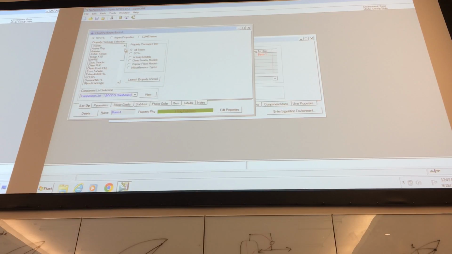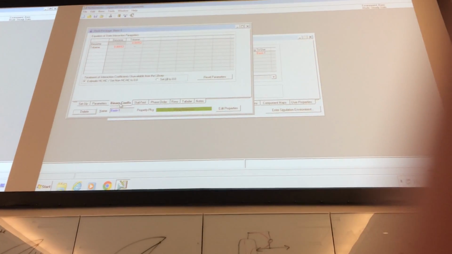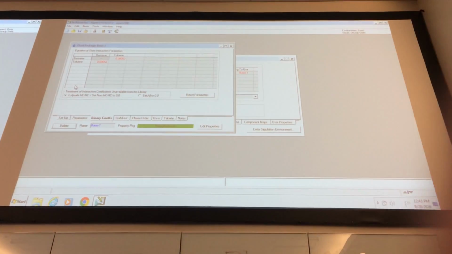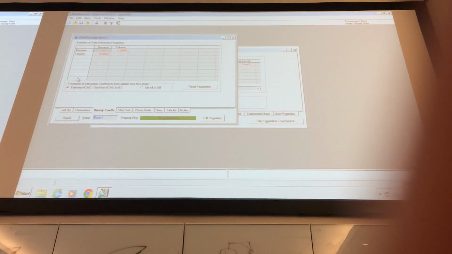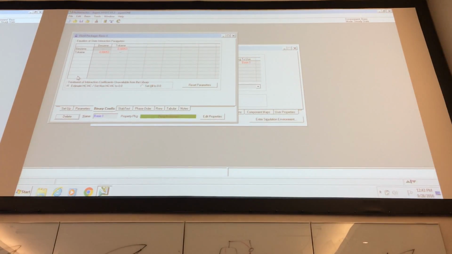Sometimes it will just go on for you and you'll have to check the coefficients. So this, yes, binary coefficients. This is actually where you want to look. This is not for the exam, just for your own edification, in case you ever start using this for things that are not very much focused on petroleum, because really that's where this is focused.